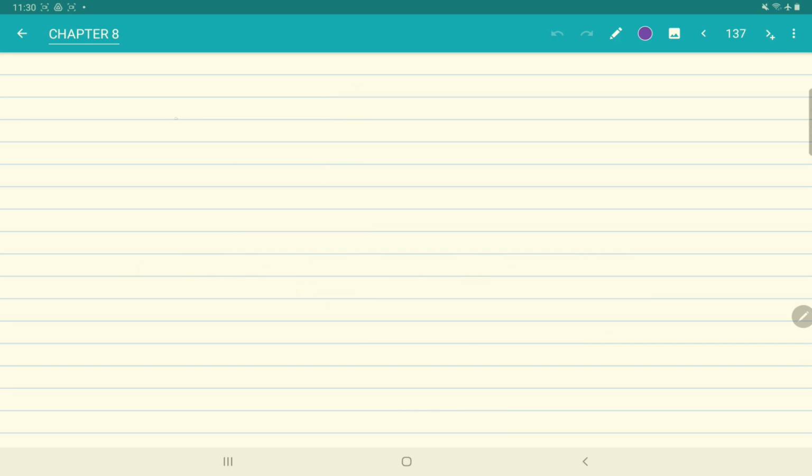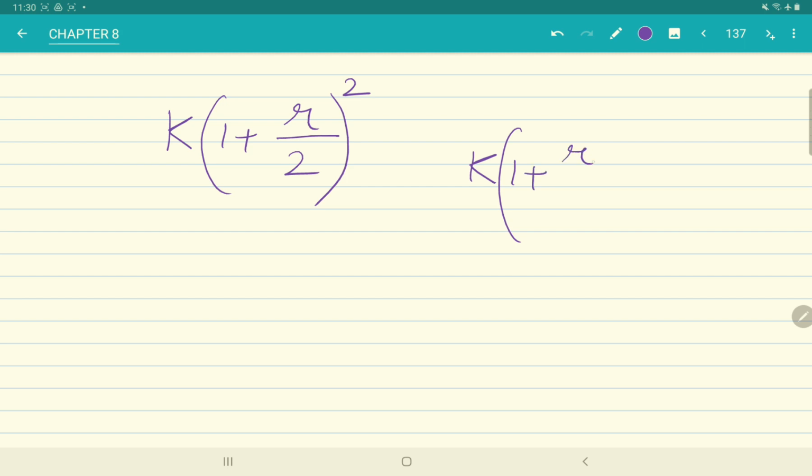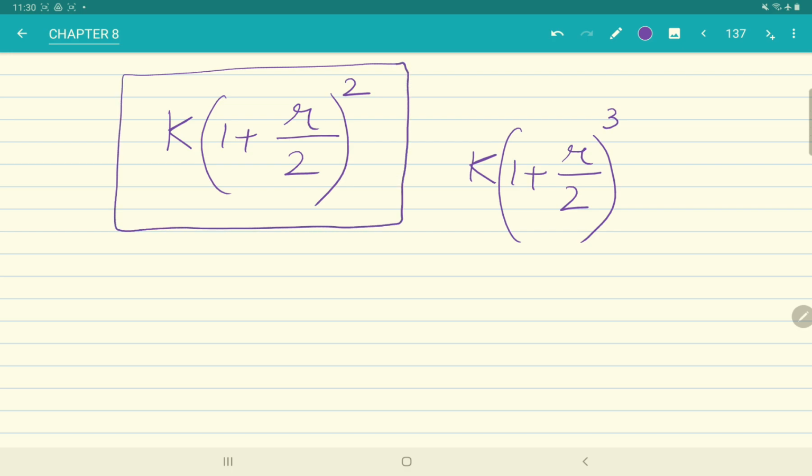After another 6 months, the principal would increase to this. So in fact, after 1 year, the principal would increase to this.